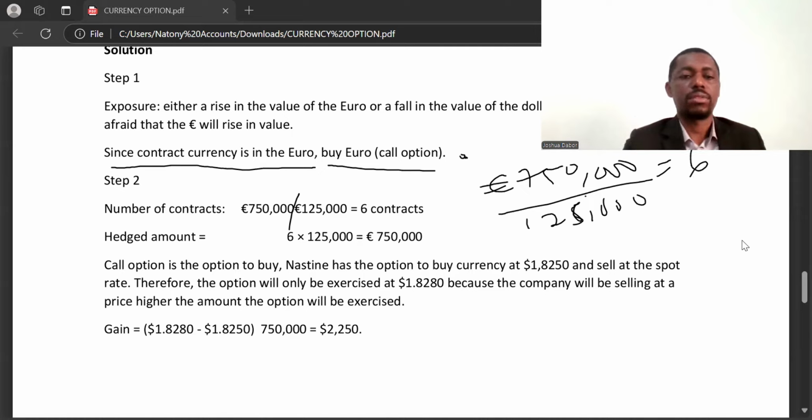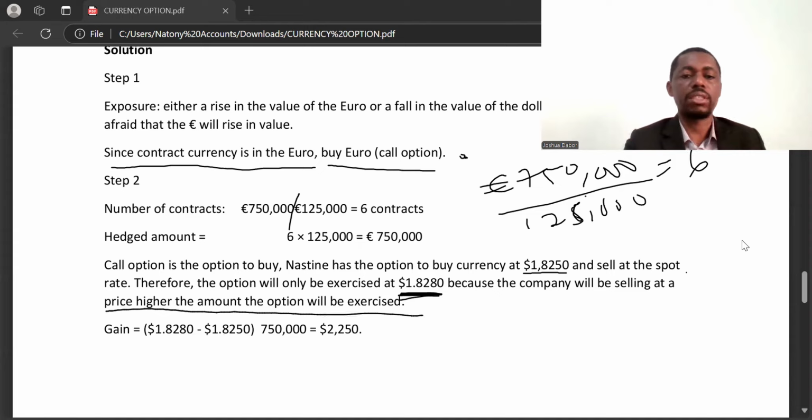Okay, so call option is the option to buy. The company has the option to buy currency at 1.8250 and sell at the spot rates. Therefore, the option will only be exercised at 1.8280 because the company will be selling at a higher price.